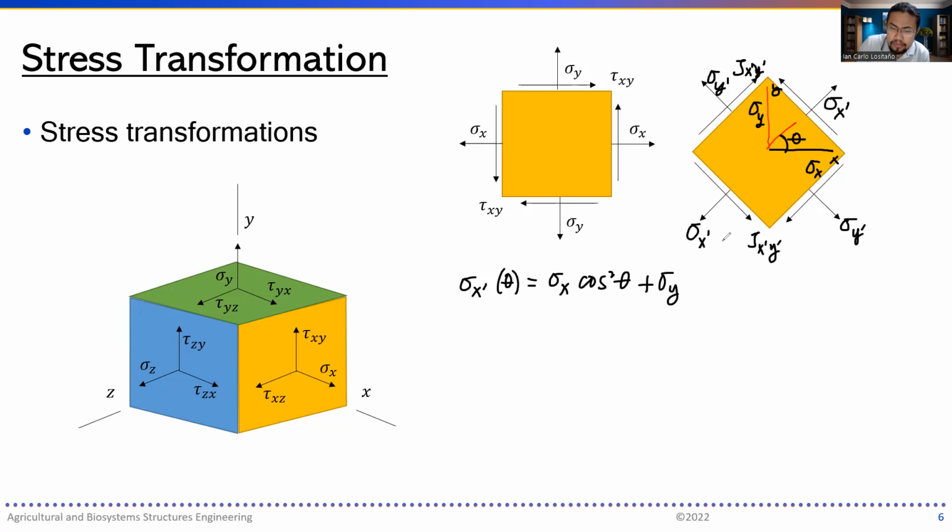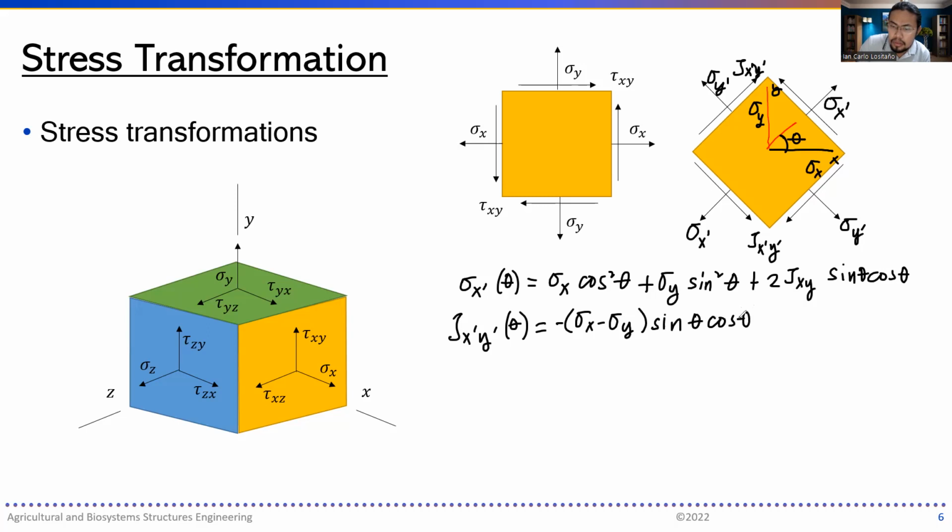So this is going to become sine squared theta plus 2 the shear, sine theta cosine theta, and the shear, on the other hand, because of the shift in the angle, this will become, this is correct, right? So sine theta cosine theta plus xy cosine squared theta minus sine squared theta.